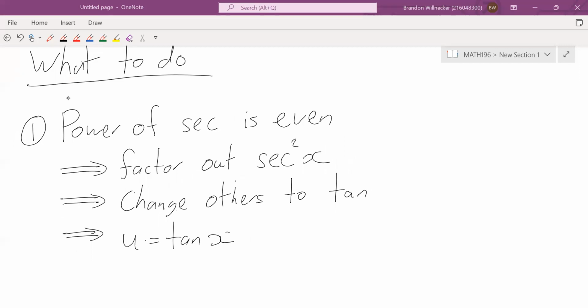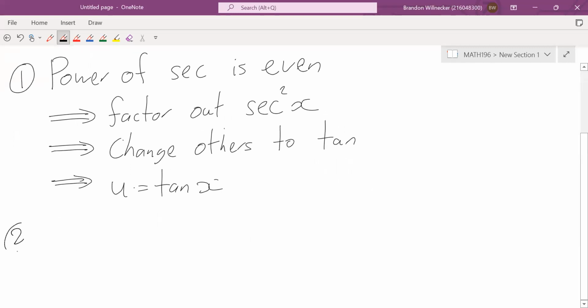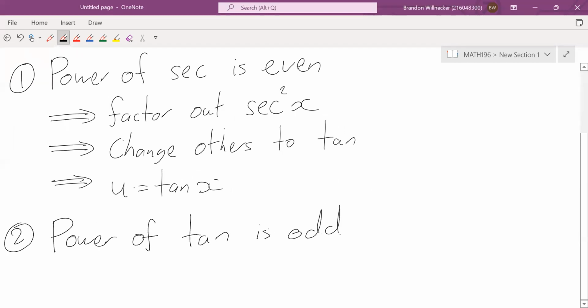The next thing is what happens if the power of tan is odd? If the power of tan is odd, then we need to factor out sec x tan x.